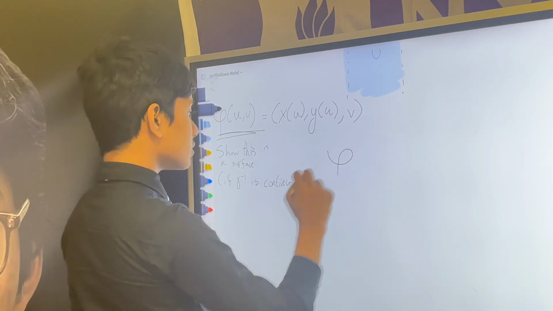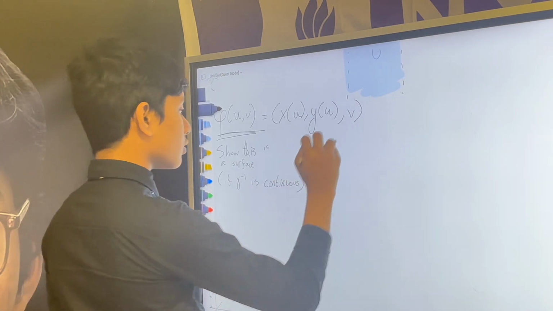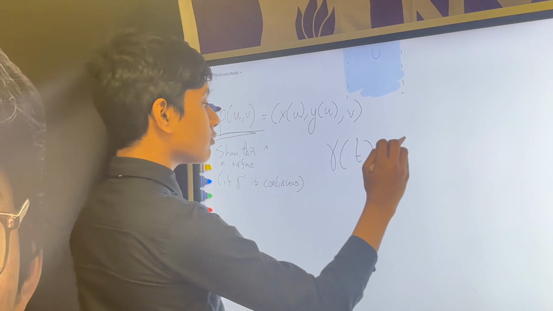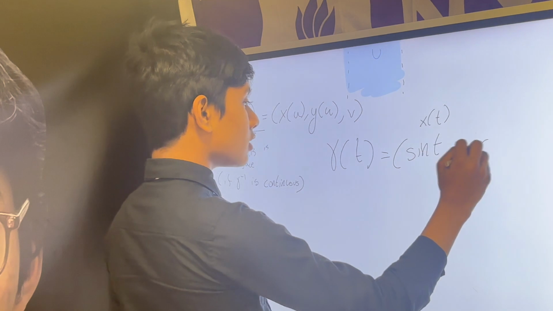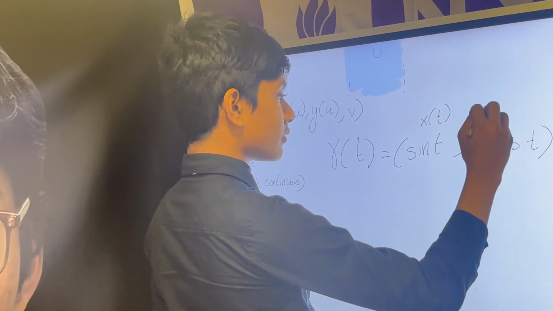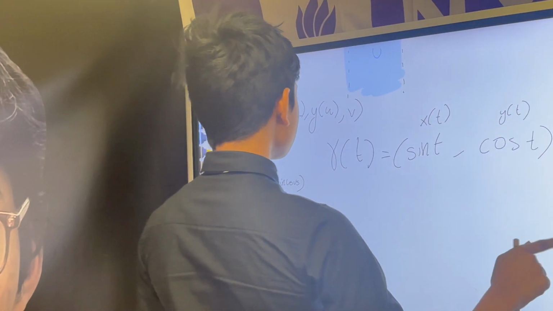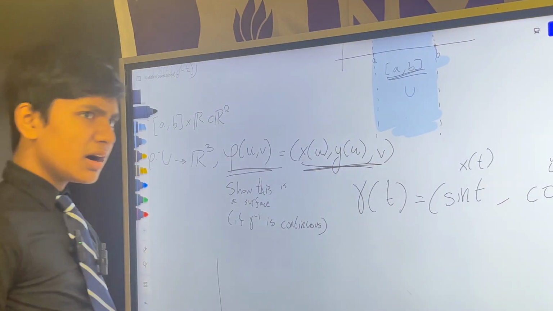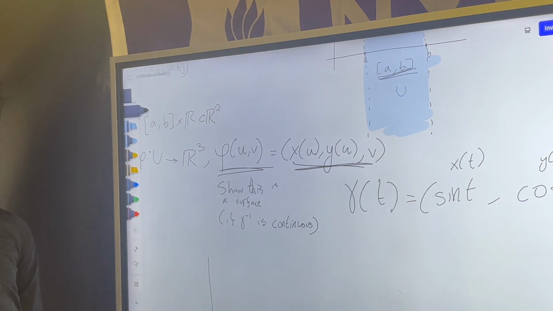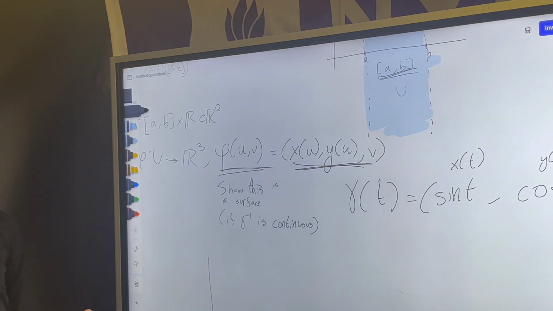First thing, circle. So let's say gamma is a circle. So then gamma of t would be rewritten as sine of t for x of t and cosine of t for y of t. So really, this is kind of a parametric function, but not really, if you get what I'm saying.